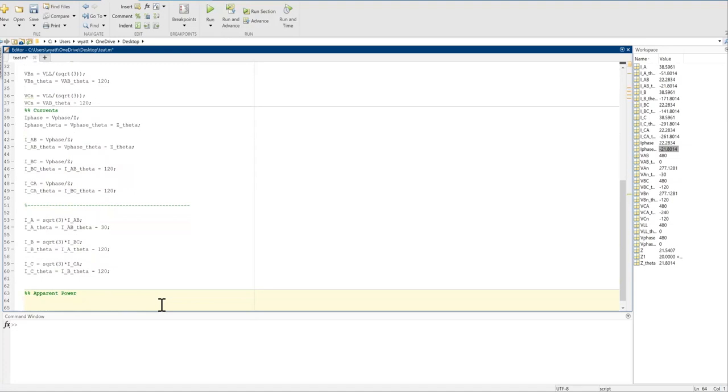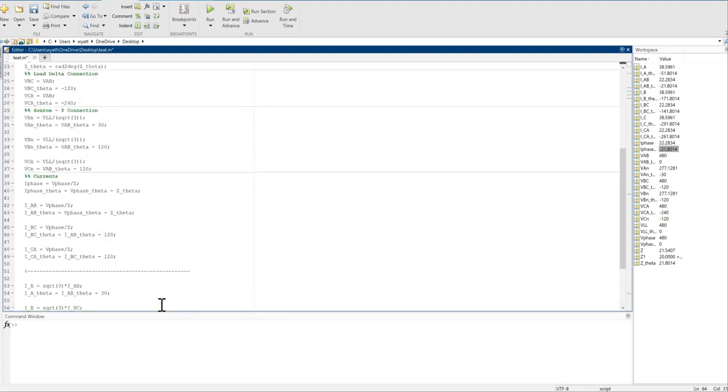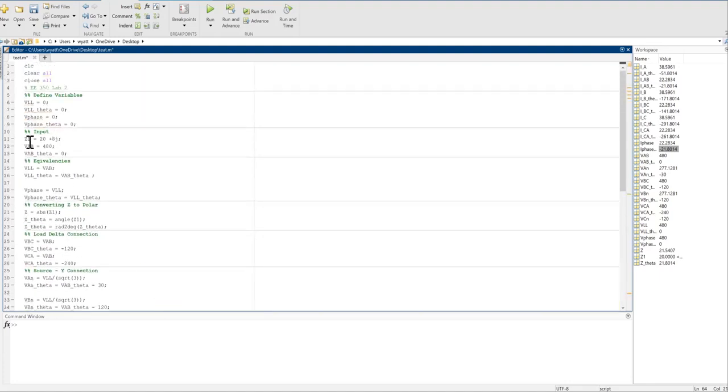So now we need to calculate the apparent power. The apparent power is just going to be equal to our V phase and I phase times 3. So S, which is our apparent power, this is the magnitude, is going to be equal to 3 times V phase times I phase. And remember, V phase is going to be equal to our given VAB, which is 480.